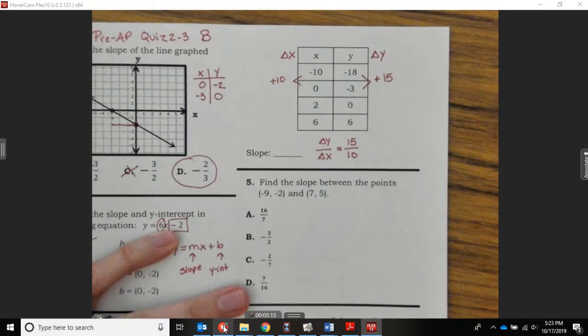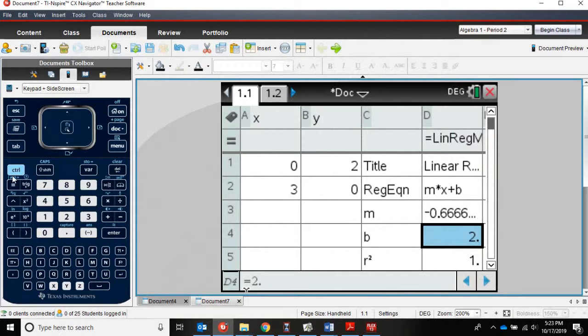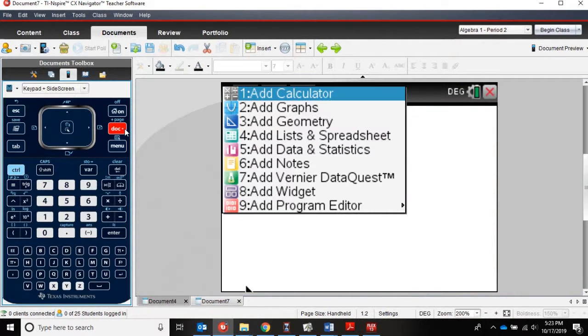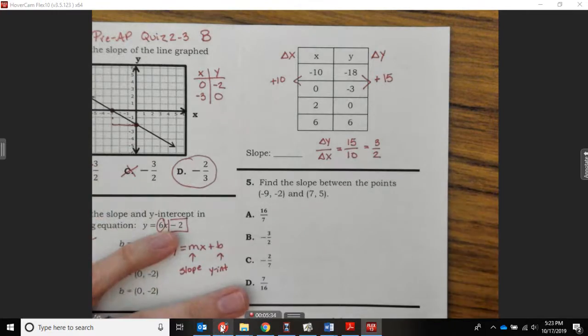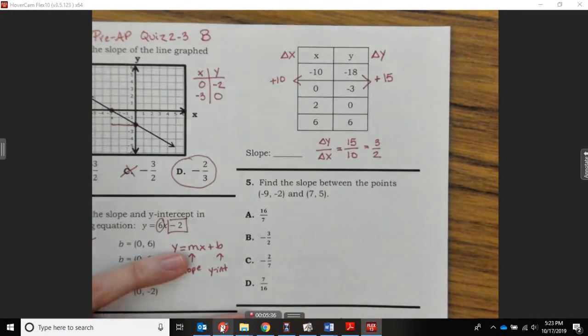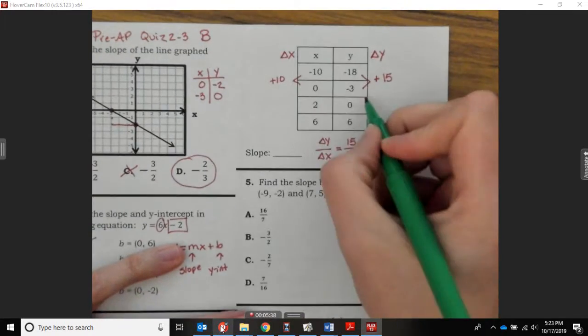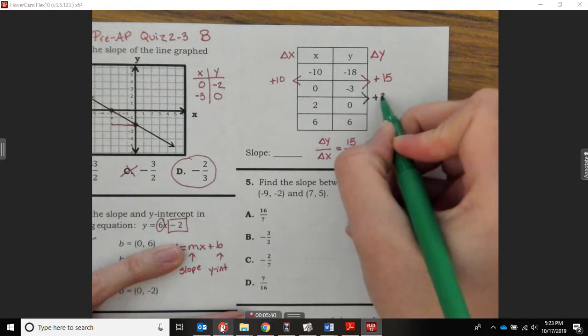And if I go to my calculator, and I want to go to a calculator page again, and I type in 15 divided by 10, it will tell me that this is 3 over 2. So my slope is 3 over 2. If I were to keep going on the table, here I am adding 3.